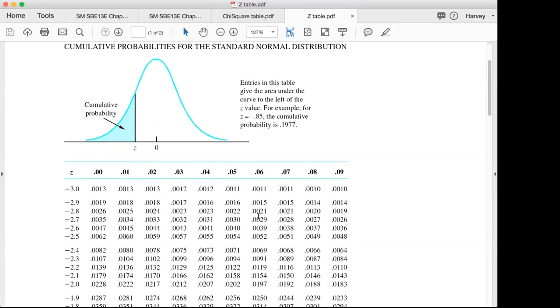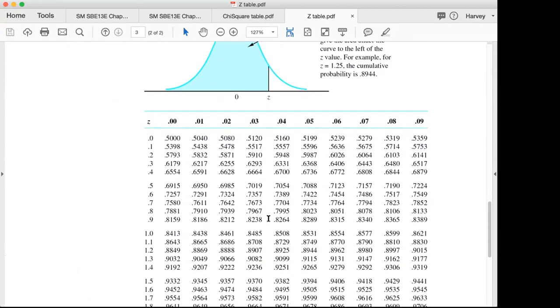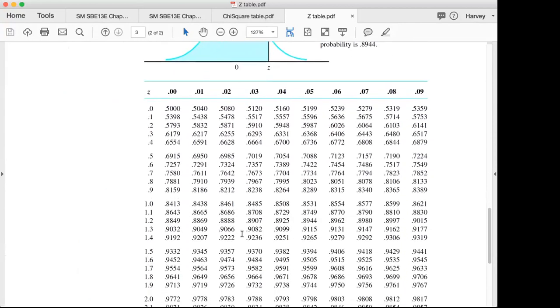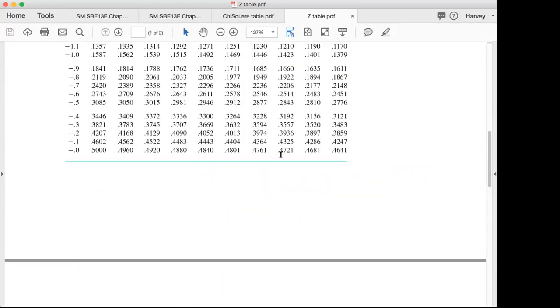So Z, we want positive 1.56. If we look up 1.56, we will get the area to the left, right? But remember, the area associated with negative 1.56 is exactly the same area.